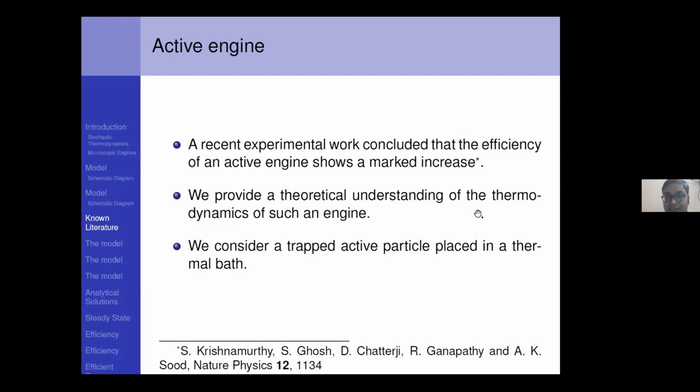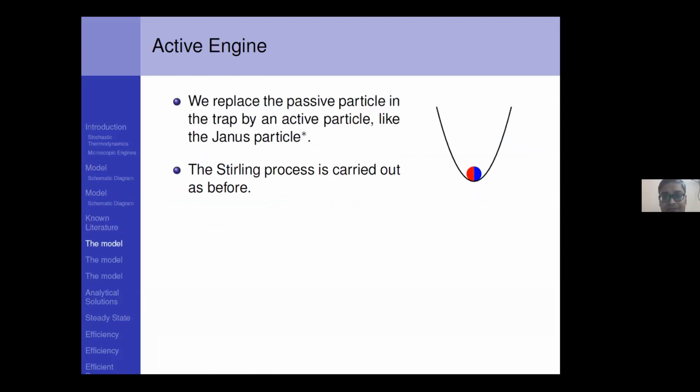So efficiency is defined in the usual way, like the ratio of work done to heat input, right? In the usual way. Then efficiency will also have some distribution, right? That's a very good question, actually.